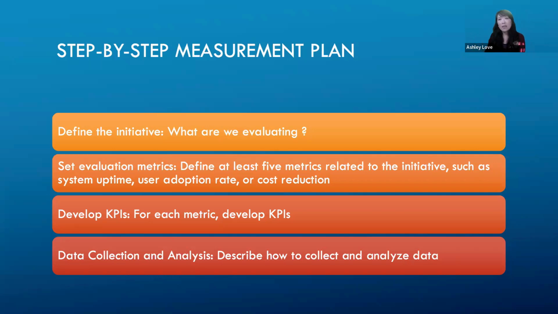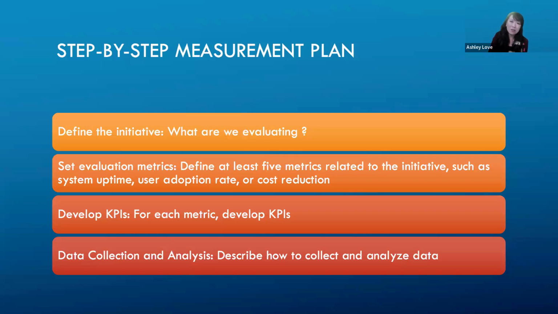You want to develop KPIs, meaning you want to just make sure you have the key performance indicators for the metrics that you're looking at. Are you looking at a percentage? Are you looking at a ratio? Are you looking at certain numbers at a certain period? And the other thing that you have to remember is data collection. When you go into an organization or when you're in an organization, you have to know what data is being collected and analyzed initially.